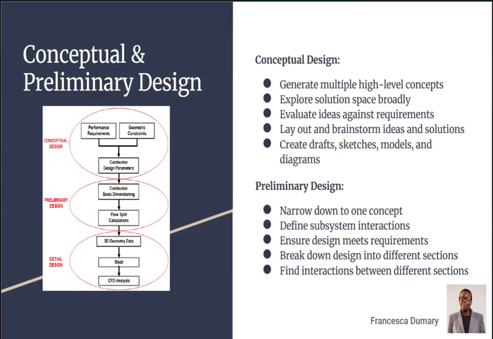Now as for preliminary design, you narrow down to one concept, define subsystem interactions, ensure design meets requirements, break down design into different sections, find interactions between different sections, and then the graphic preliminary design has introductory basic dimensioning, and then flow with calculations.